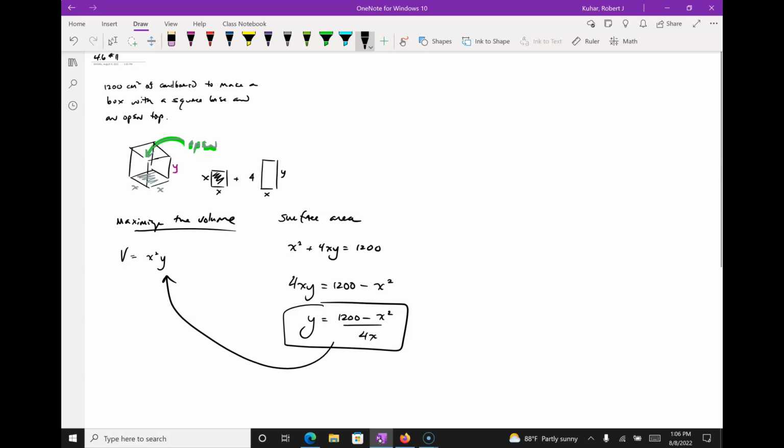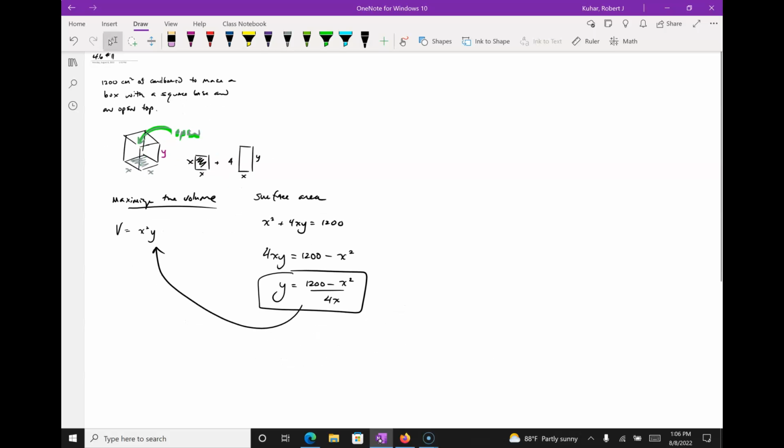That's going to substitute into my expression to give me a function of x.